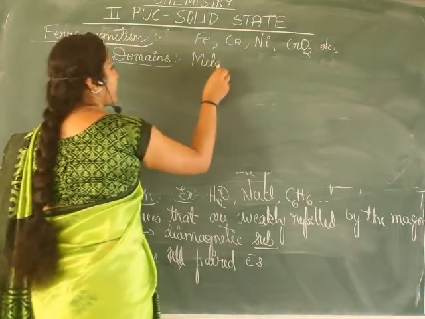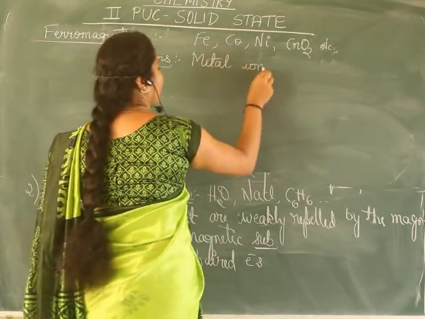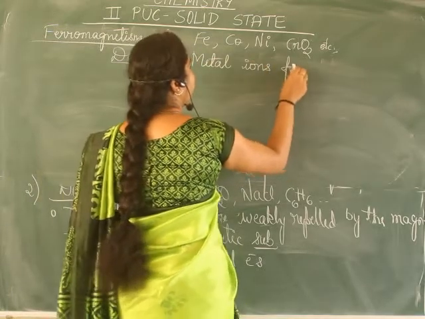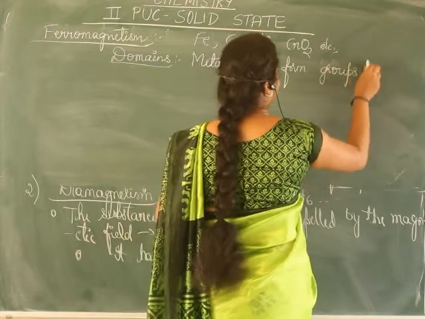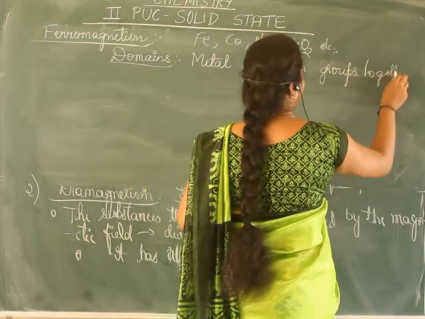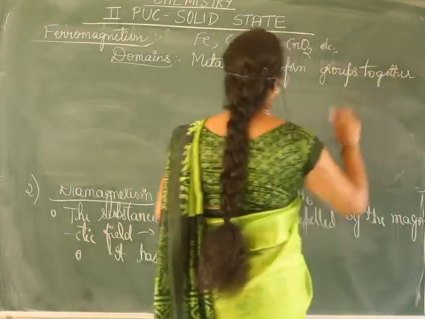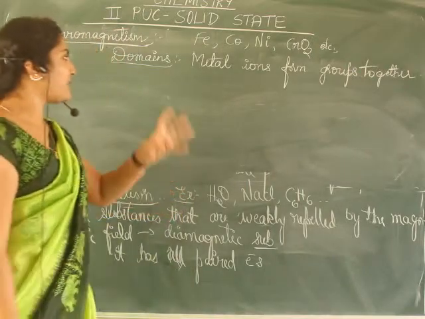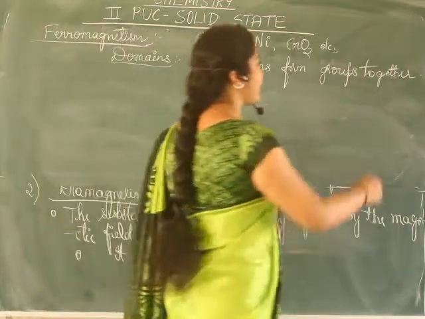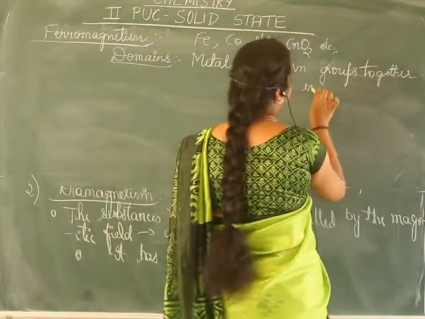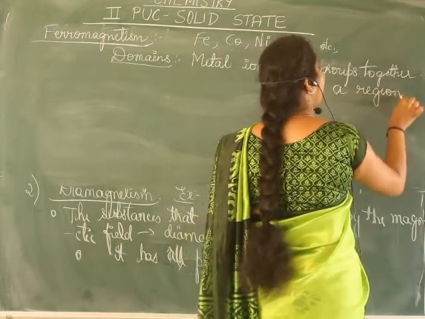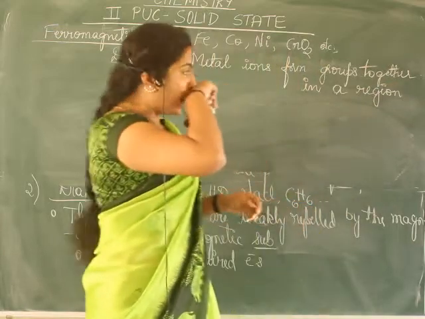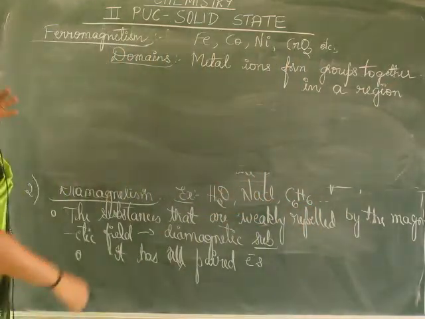Metal ions form groups together in a region, which we call domains. Okay, domains in the sense we usually denote it.